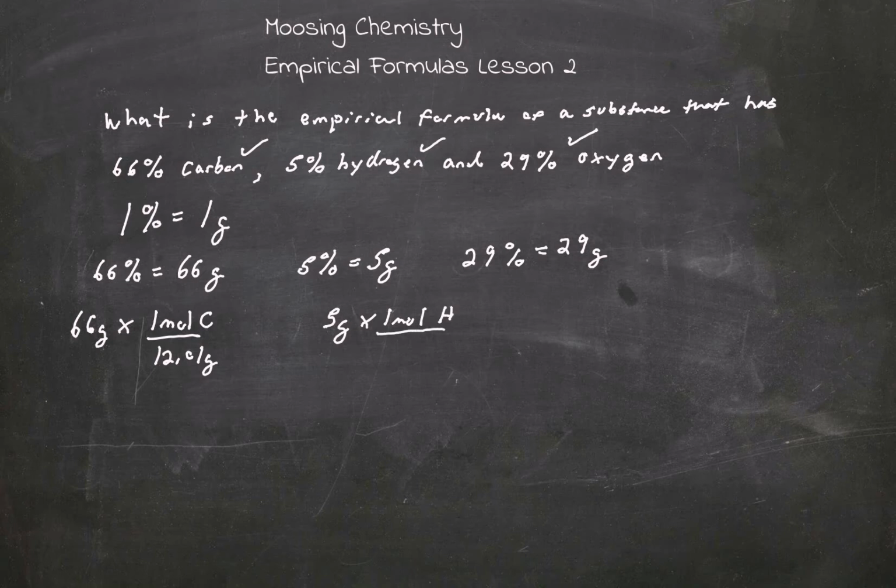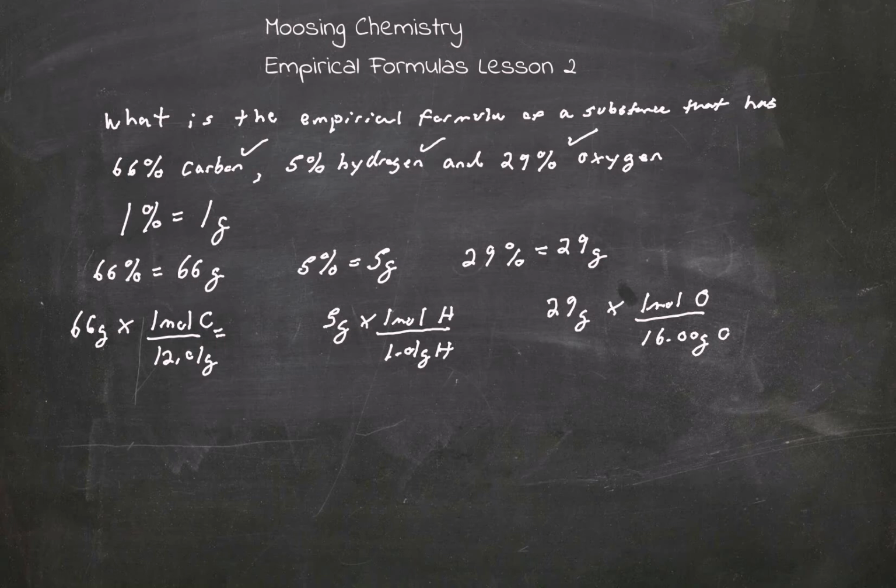It's not going to be diatomic because it's in a compound, 1.01 grams of hydrogen. And this is going to be 29 grams times 1 mole of oxygen, also not diatomic because it's in a compound, 16.00 grams of oxygen.